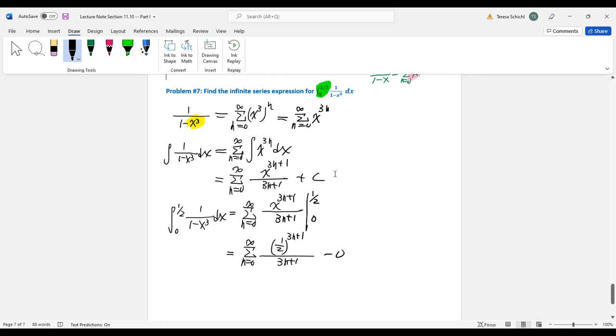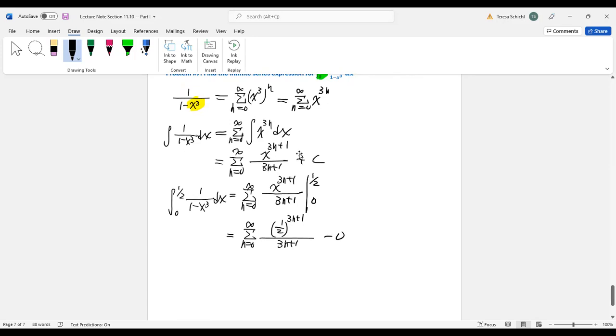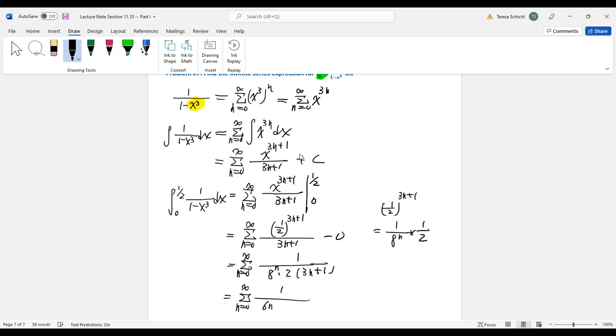So this is what we have, and you can simplify it a little bit. 1/2 to the 3n plus 1 is equal to 1/2 to the 3n times 1/2, which is 1 over 2 to the 3n times 2. So here we have the summation n from 0 to infinity of 1 over 2 to the 3n times (6n plus 2).